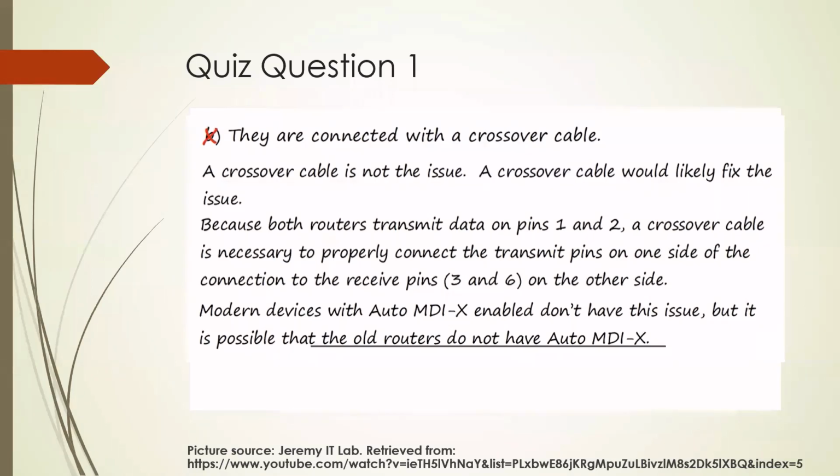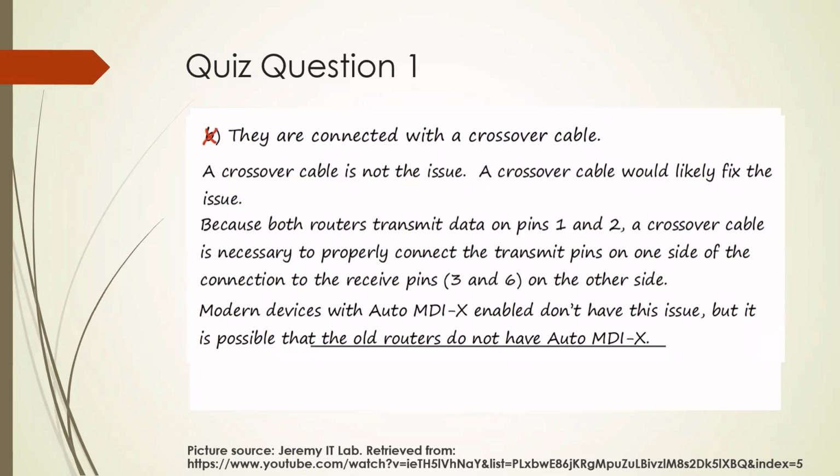A crossover cable is necessary to properly connect the transmit pins on one side of the connection to the receiving pins on the other side. So it's a crossover cable because they are both routers. It's not a router to switch or a PC to router.